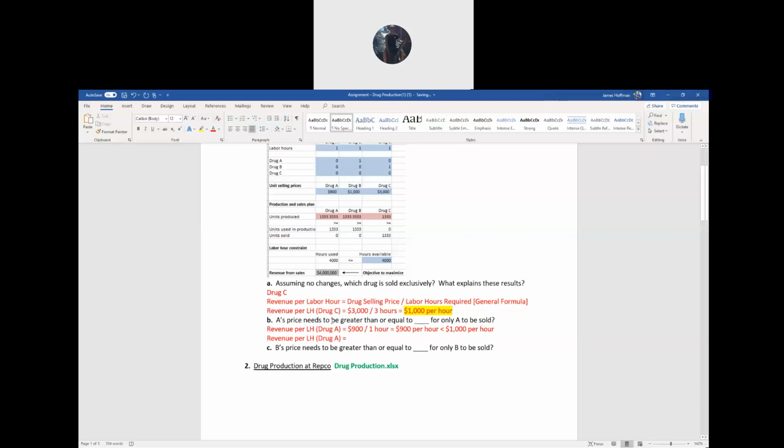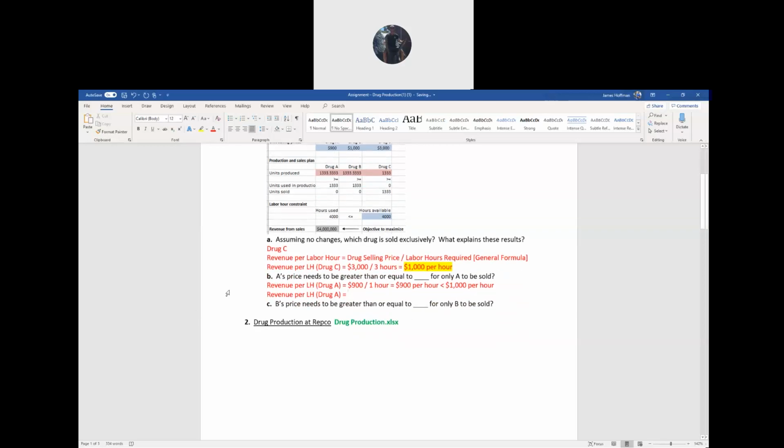You probably know what that is, but I'll just do the process. 1,000 divided by 1 would give us exactly $1,000 per hour.